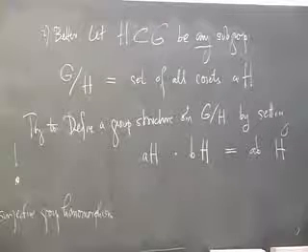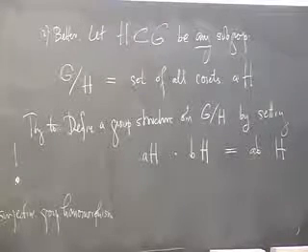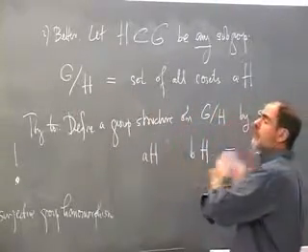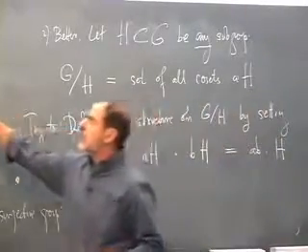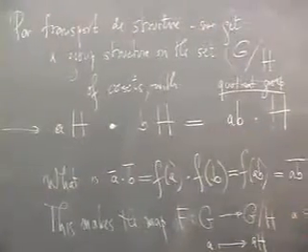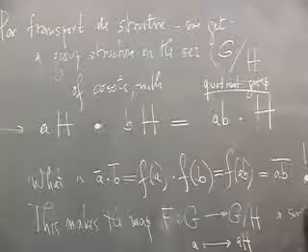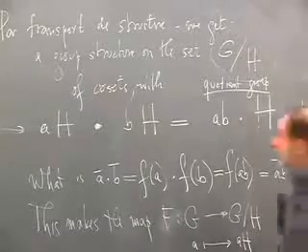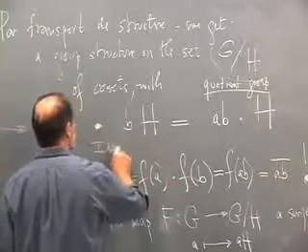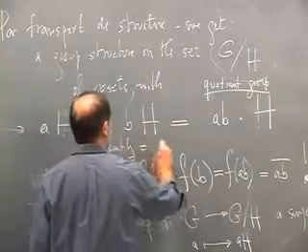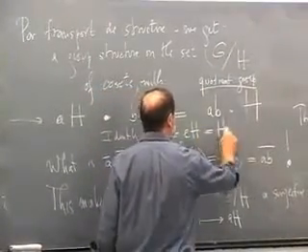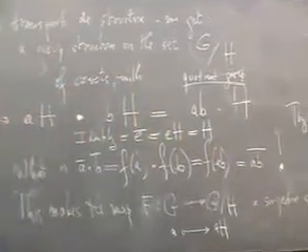So the reason it fails is the following. Before you get the group structure and everything, you have to check that this is associative. You have to figure out what the identity element is. By the way, what's the identity element in the quotient group? The identity element has to be the image of the identity under this homomorphism, which is E bar, the coset of E, which is just the coset H. That's the only distinguished coset you have.